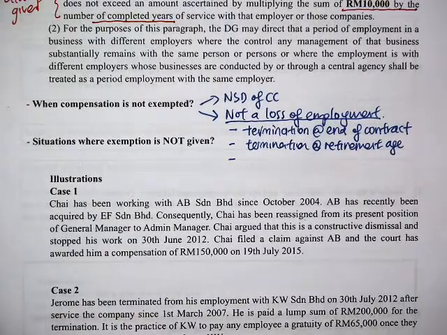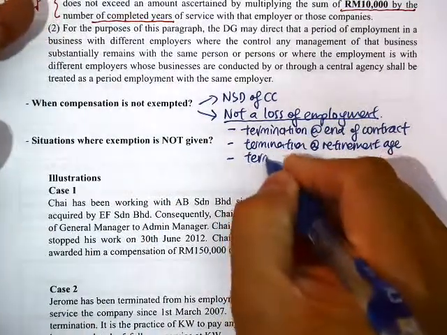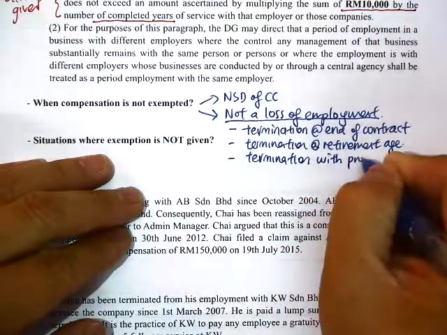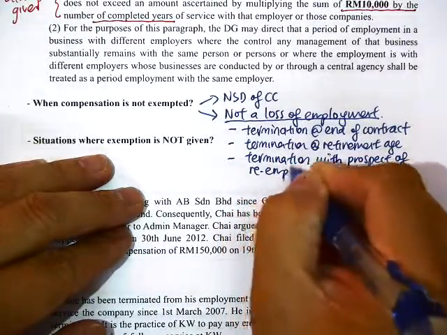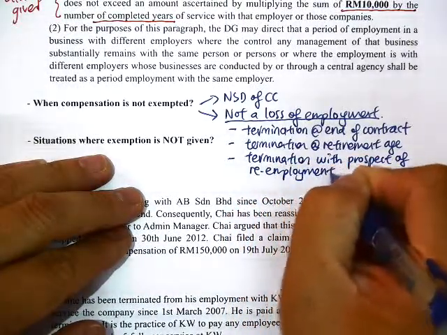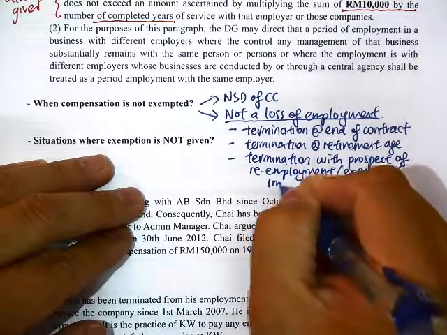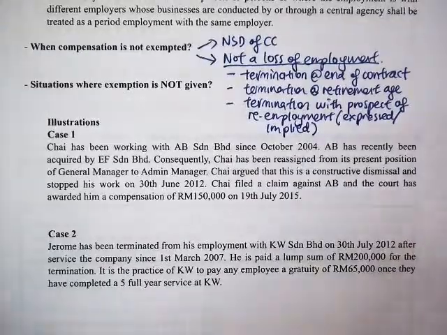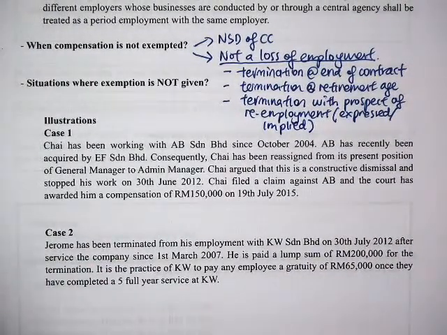So probably it could be a different company, but you will be re-employed, whether it's expressed or implied, that the termination is with a prospect of re-employment. So there's no difference. Okay, now in this case you realize that the compensation will not be exempted.